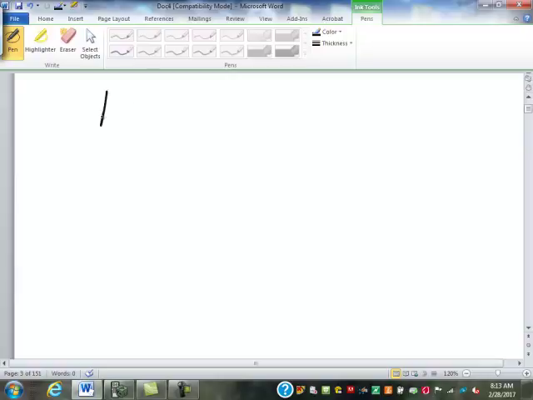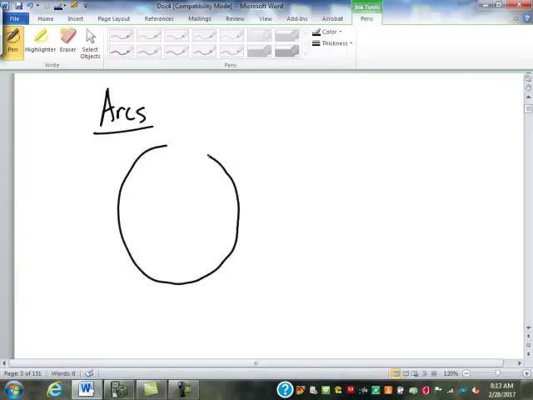So let's look at arcs more. Last semester we talked about calculating arc length. If I have my radius here, and let's say that this is an 8-inch radius, and let's say I have an 80-degree angle here.